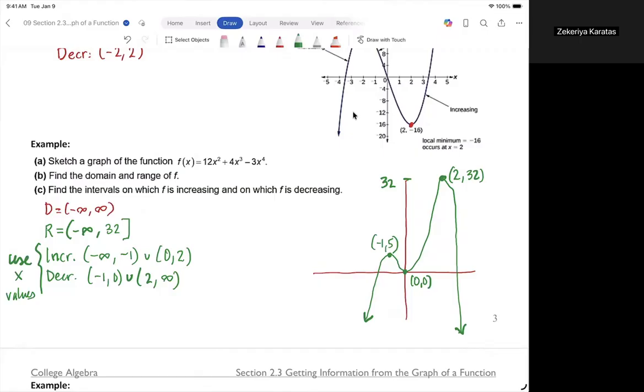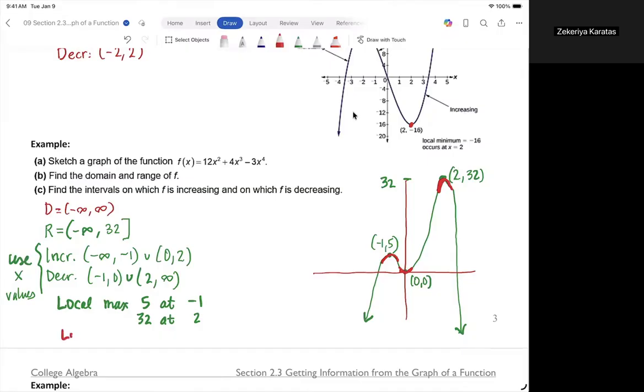And for this function, we got a local maximum value of 5 at x = -1, and 32 at x = 2. As you can see, those are local max points. If you draw a little piece here, that's going to be a maximum, and maybe a little piece here too. Those are local maximum turning points, and there's a local minimum in here.